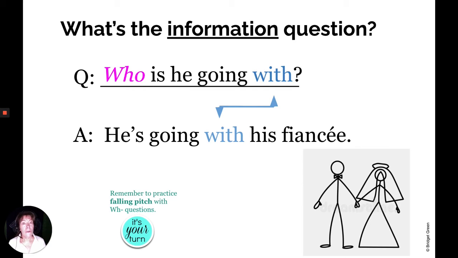There we go. Who is he going with? Nice. Or, with whom is he going? That's for very, very snooty people. We don't usually hear that anymore. Only from the Queen. The Queen and maybe Prince Charles. Who is he going with?